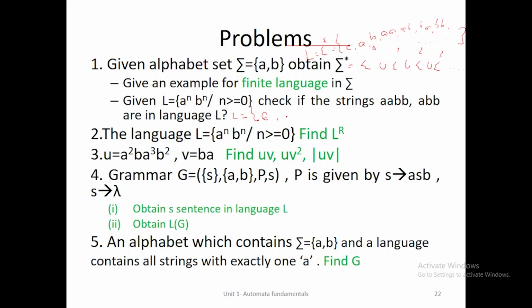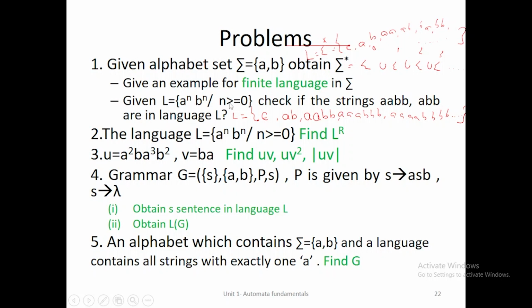If you substitute n is equal to 1, the string ab is possible. If you substitute n is equal to 2, a squared b squared, which is written as aabb. 3 means triple a, triple b. 4 means 4 a's followed by 4 b's. So these are all the strings which can be framed within this generalized form.